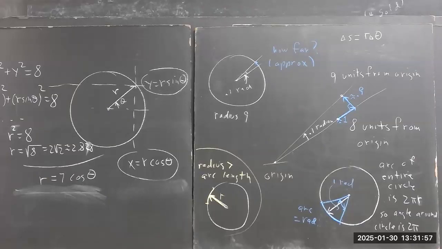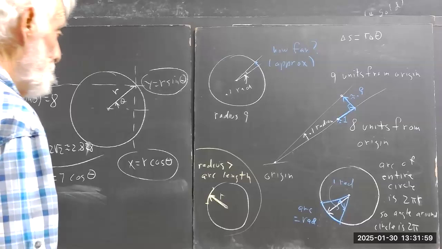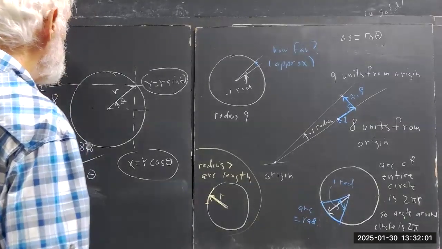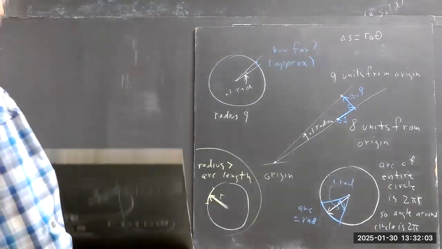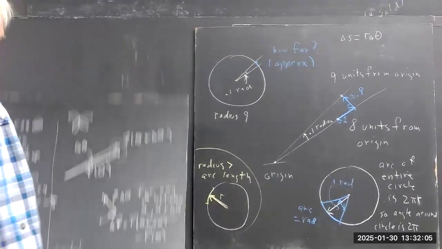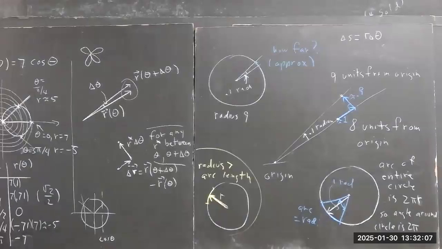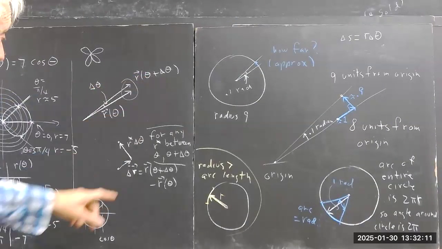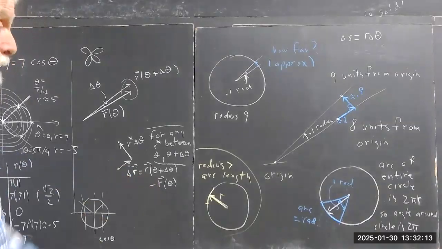Okay, in polar coordinates, I want the arc length. Back to this. Delta R is this, right?